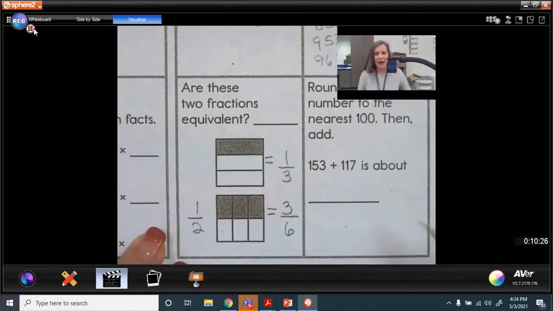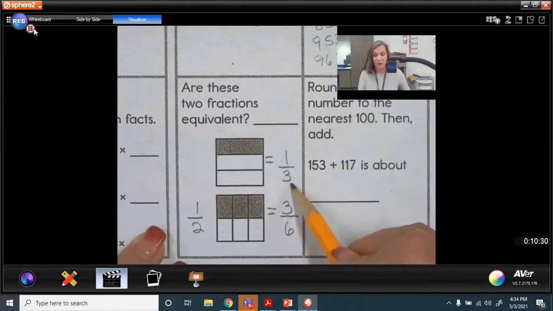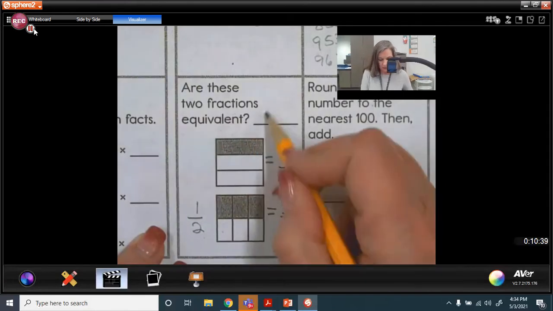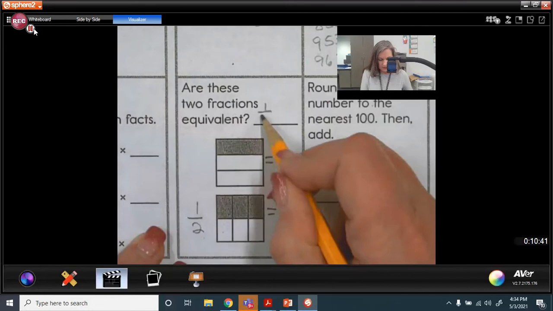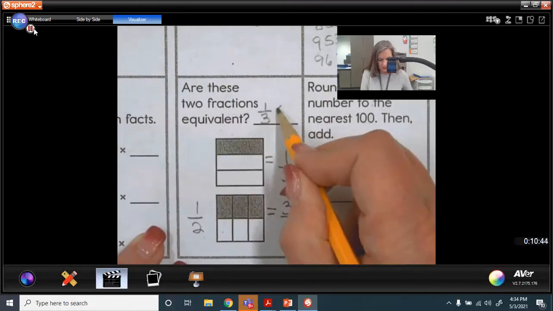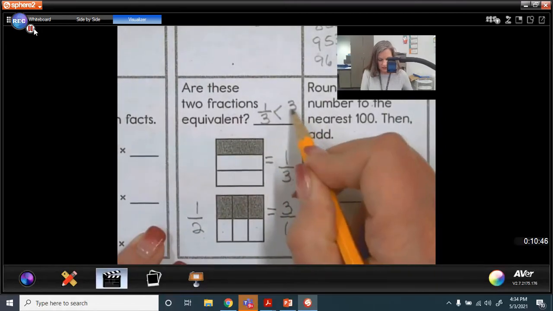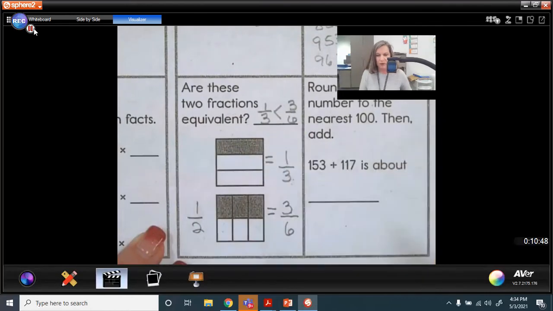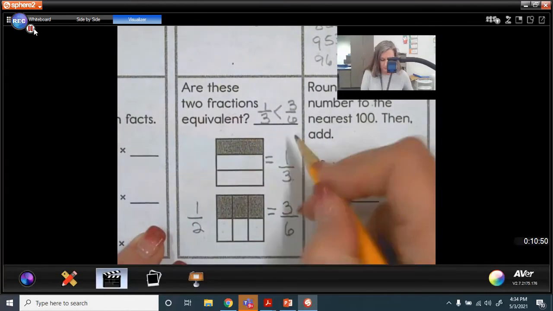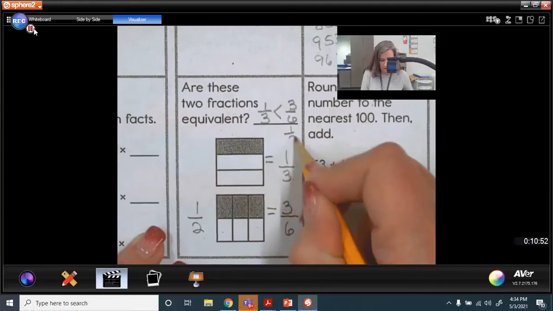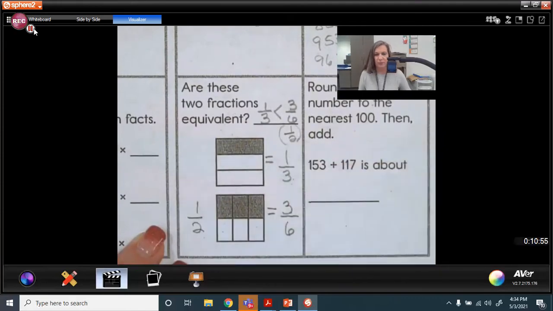And we know that half is going to be a greater fraction than a third, because when you break something up into two equal parts, those halves are going to be greater than the thirds. So now I can write a statement that says 1/3 is less than 3/6, or 1/3 is less than, I could also say half, because that's in simplest form.